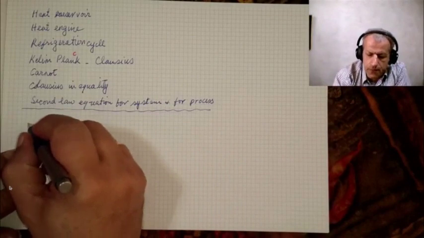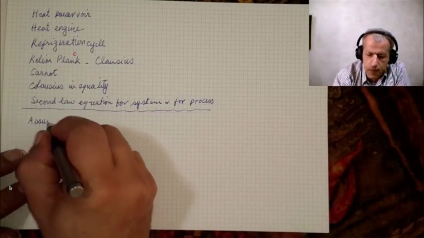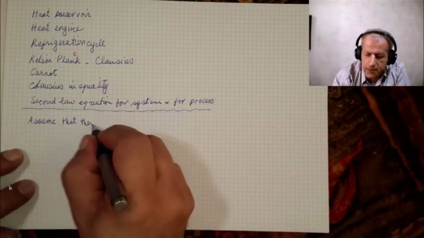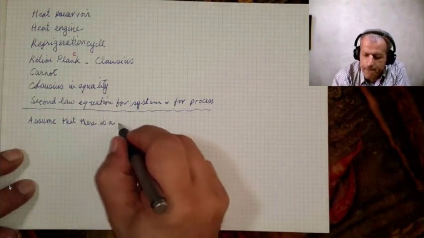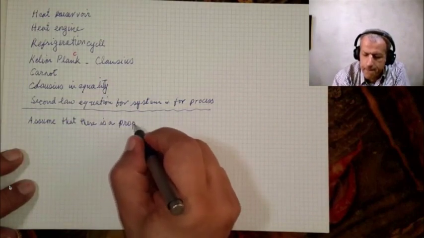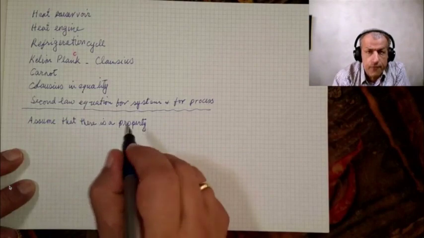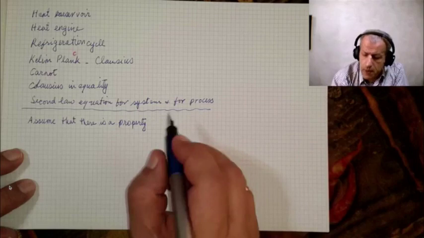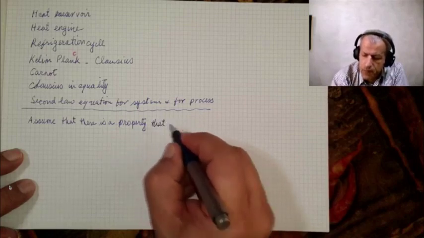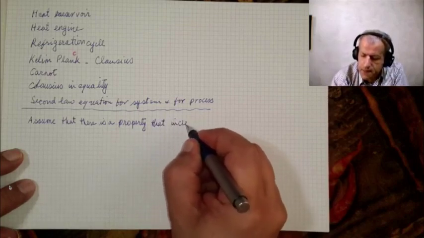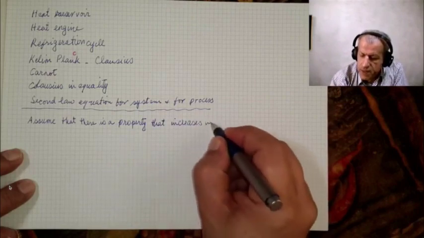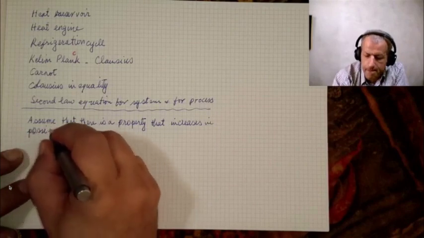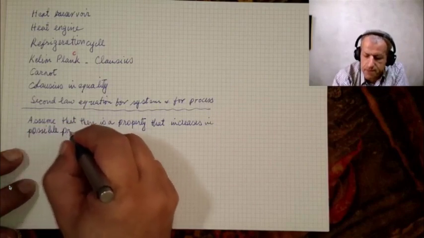But assume that there is a property, however unreal, that increases in possible processes.